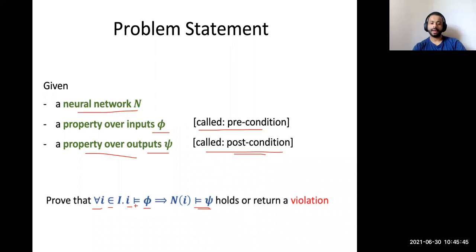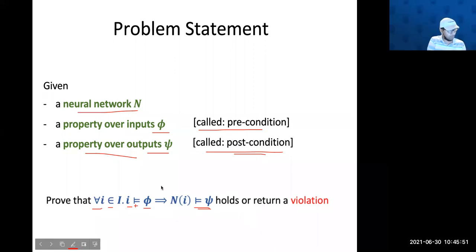Those properties are the preconditions and postconditions. What he's defining at the moment is the properties over the inputs.